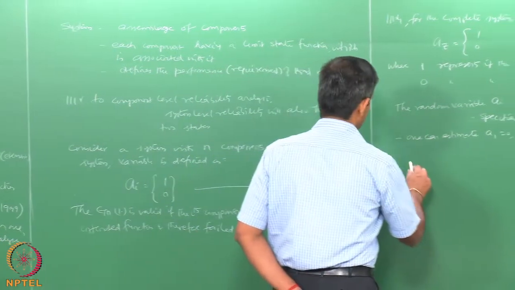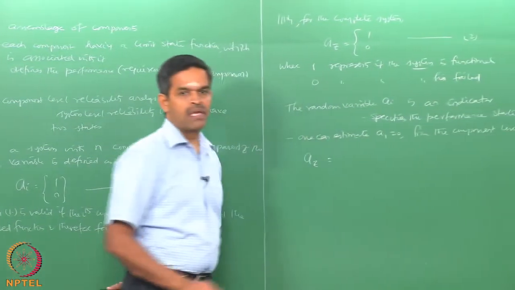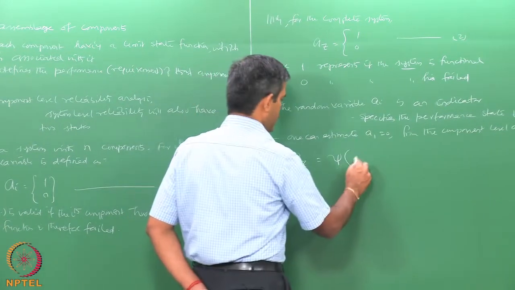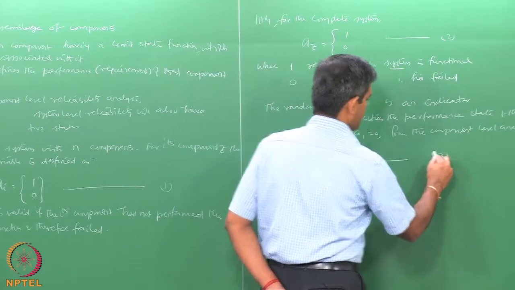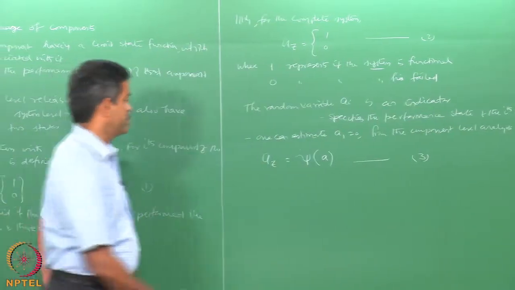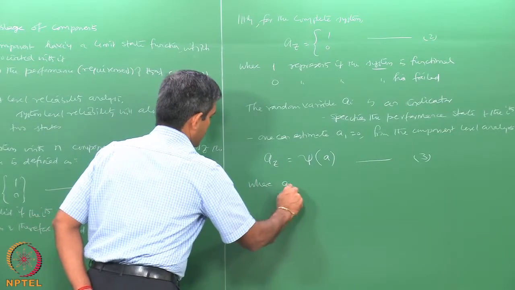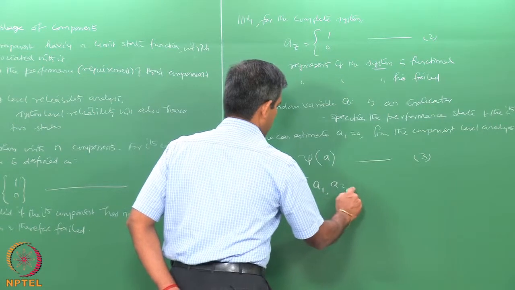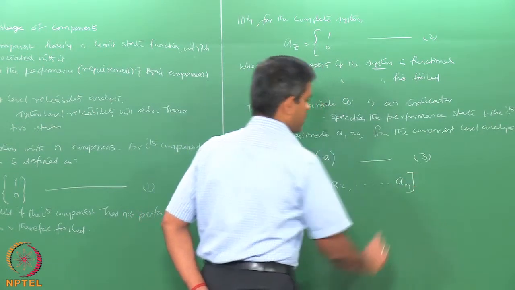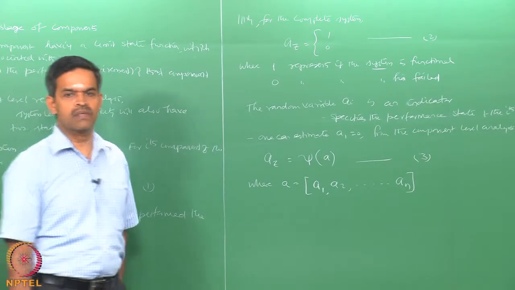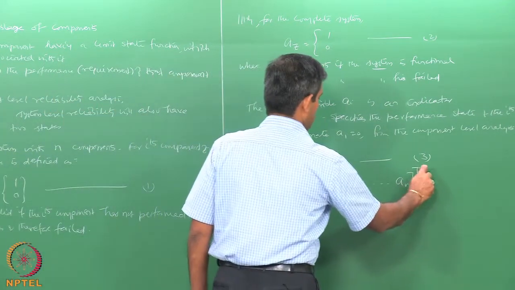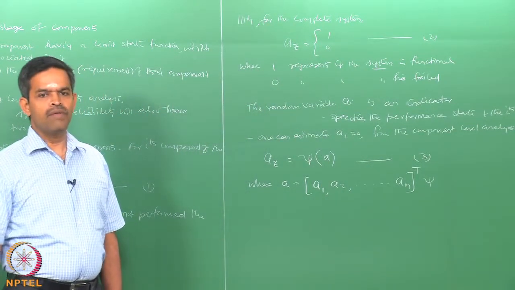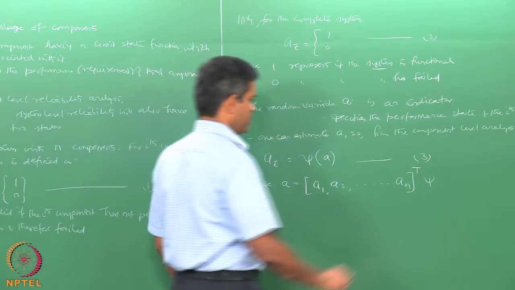Therefore, Z can be given as a function of A, where A is nothing but a set of A1, A2, ..., An, where n is the total number of components present in the system, transposed, the function which denotes the system function.